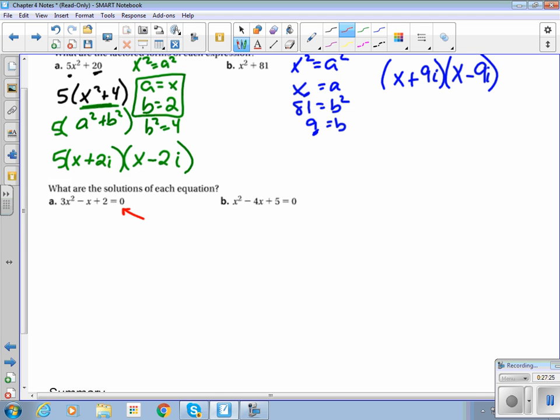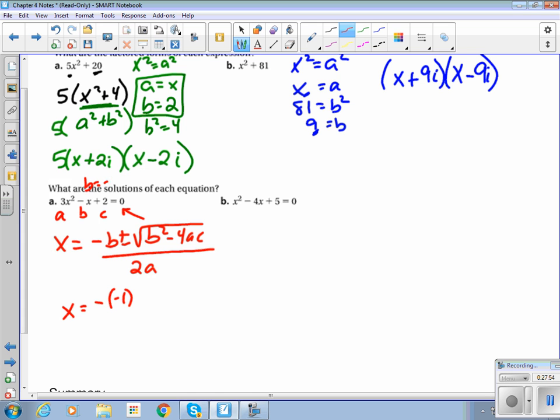So if you take the quadratic formula, x equals negative b plus or minus the square root of b squared minus 4ac, divided by 2a. First thing we do is identify a, b, and c, and then plug them into our equation. Negative b is negative 1, plus or minus b squared.